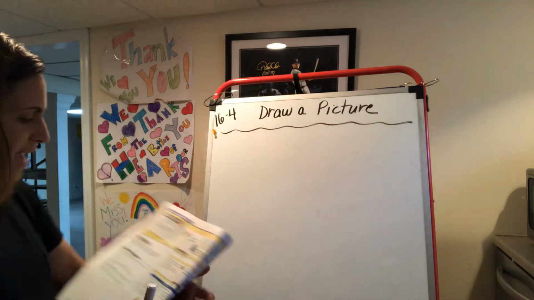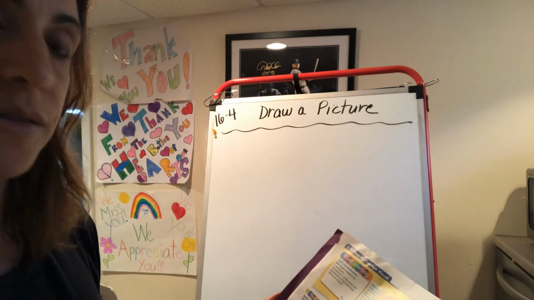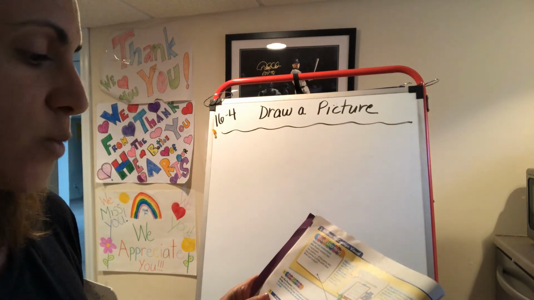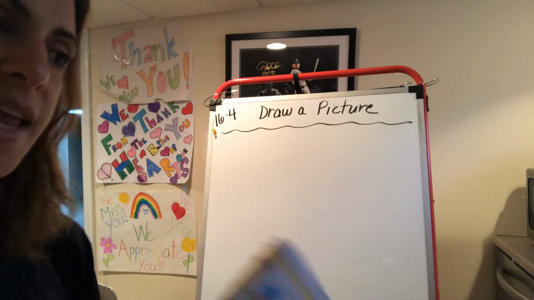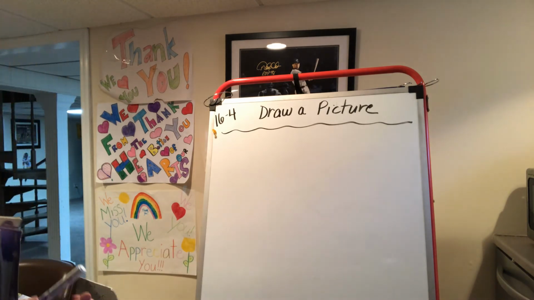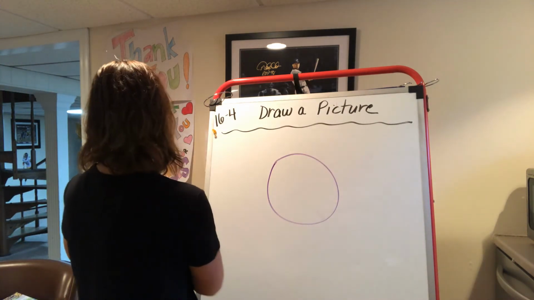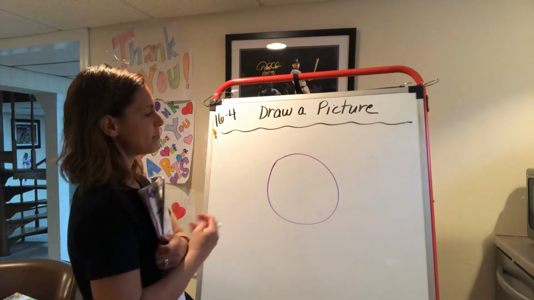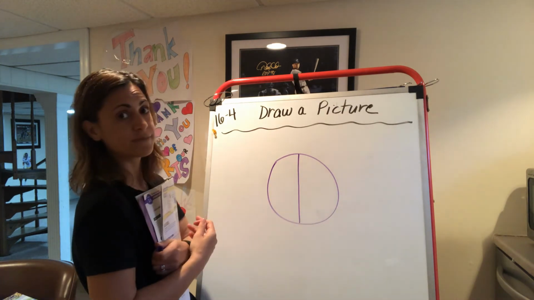All right, so the next story is Tracy's pizza is cut into 2 equal parts. She eats one part of the pizza. What part of the pizza does she eat? Pretty simple. Tracy has a pizza pie. She cuts it in 2 equal parts.